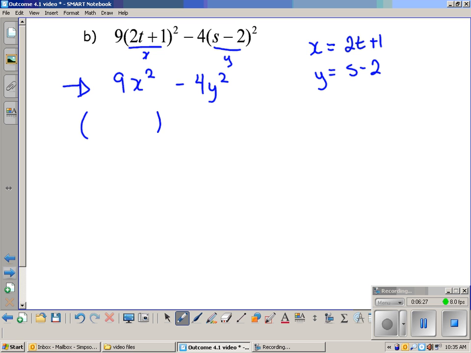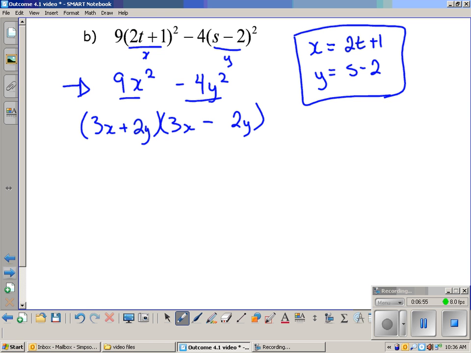I can factor a difference of squares with my shortcut. First of all, the square root of 9x squared is 3x. The square root of 4y squared is 2y. One is positive, one is negative. Don't forget that we need to substitute back in for x and y.